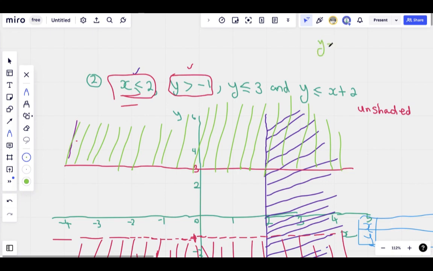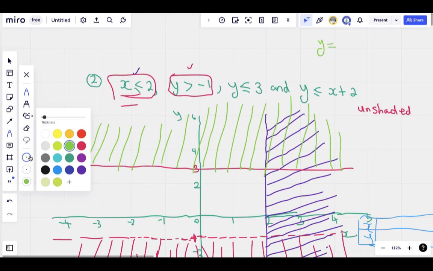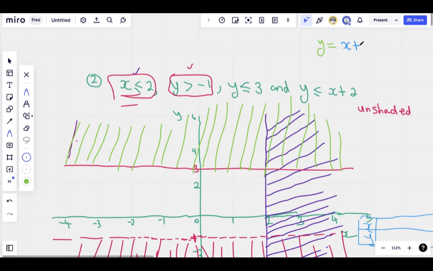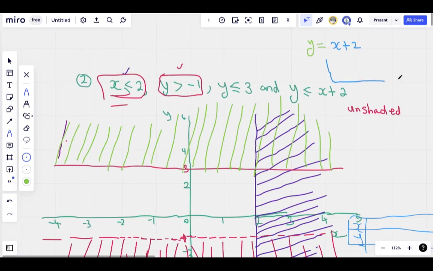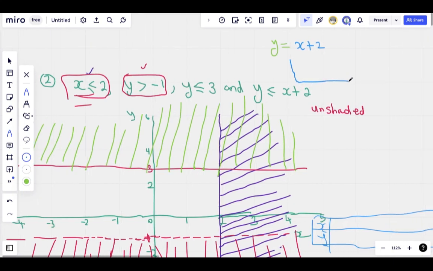It's just an assumption so that you can easily plot your graph. If you have y equal to x plus 2, you make a table of values, then you plot the points, and then you get your straight line graph.